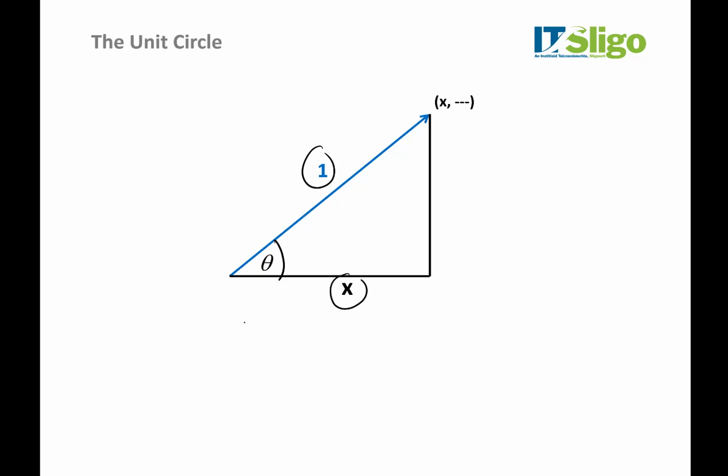We're interested in x, the relationship that joins these in terms of theta. Remember theta now, x is adjacent to theta. 1 is still the hypotenuse. So the trigonometric ratio which describes adjacent and hypotenuse is cosine, cos. The adjacent length is x. Our hypotenuse is 1.